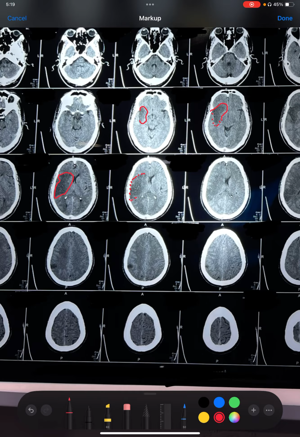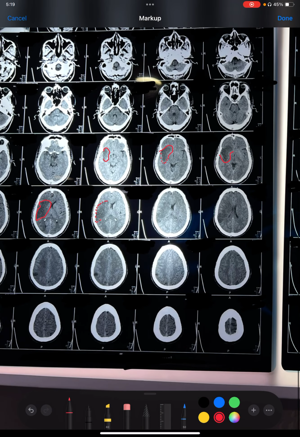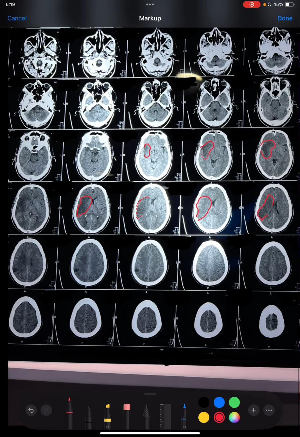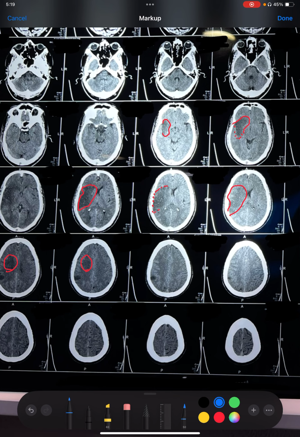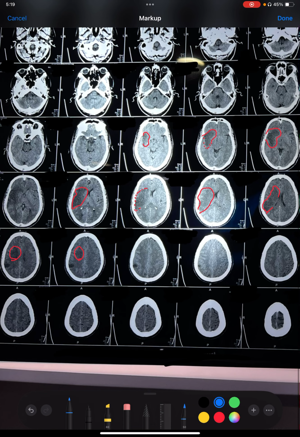This is the right side of the brain, which appears much more radiolucent on this right side. This is a very typical sign of an infarct, and it is very easy to understand.